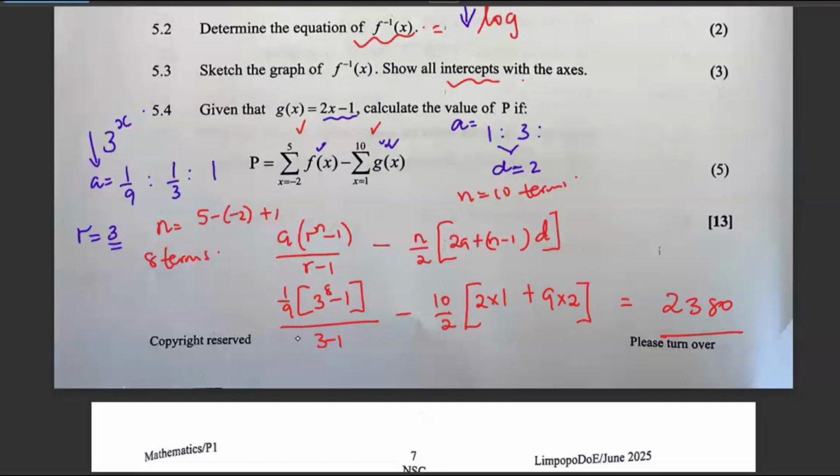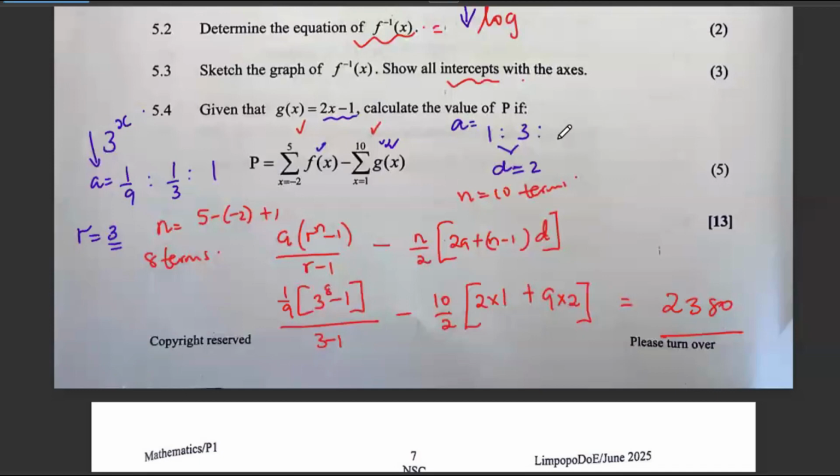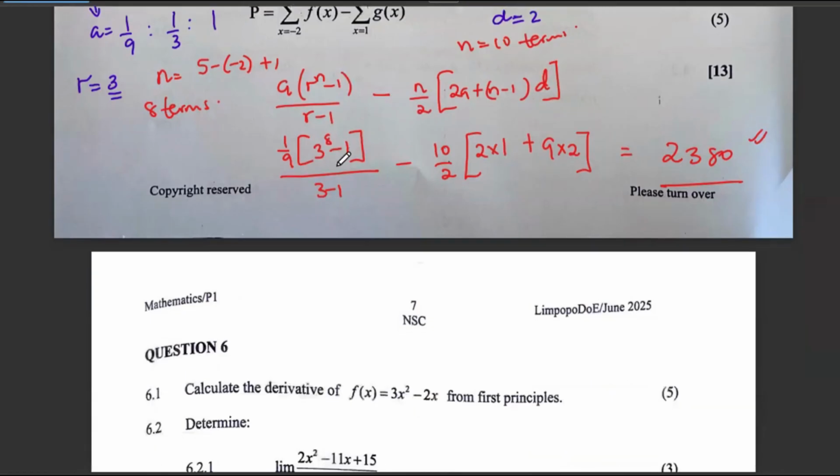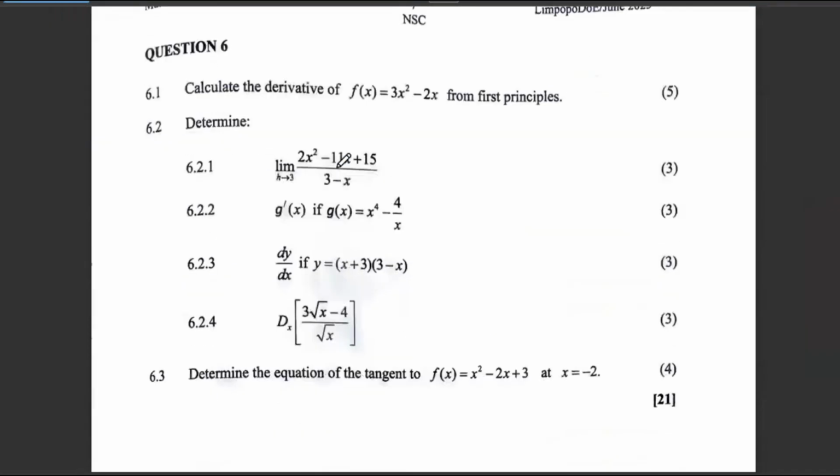Let's just confirm that we did the right thing. All right, so we said we're getting 2380, but please just confirm this answer and see if I've done it correctly. Okay, then question number 6.